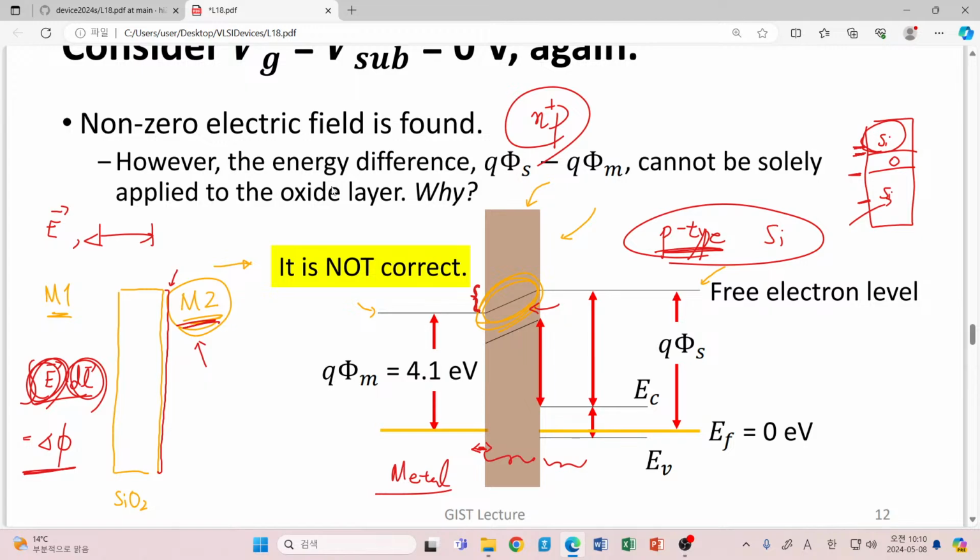So I think that this is the main message. From our study today, we can realize that the main difference between our simple capacitor structure, the MOM structure, and the MOS structure comes from the fact that silicon has not sufficient capability to neutralize the incoming electric field.